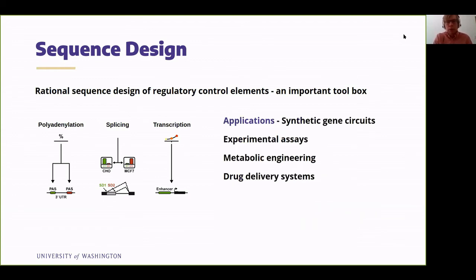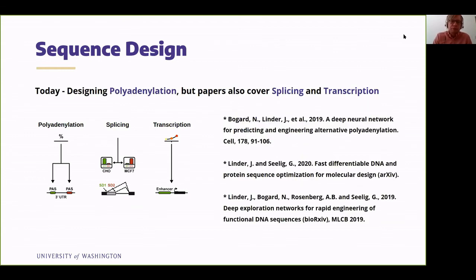All of these control elements would be really important to design for our synthetic gene circuits, because we could then use them to improve experimental assays or components within metabolic engineering, or to improve drug delivery vectors and systems in smart therapeutics. So today we're going to look at the specific story of designing polyA signals.